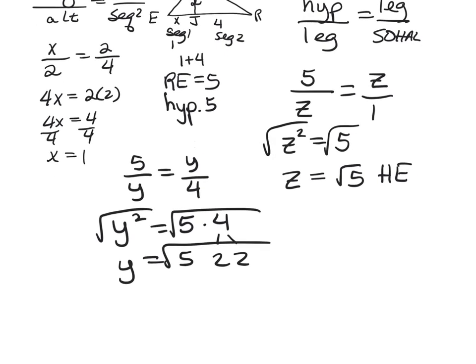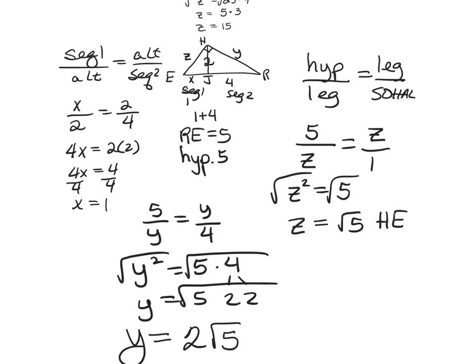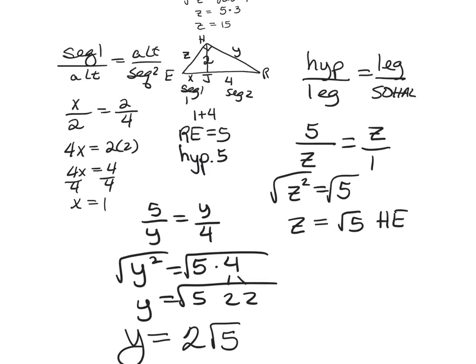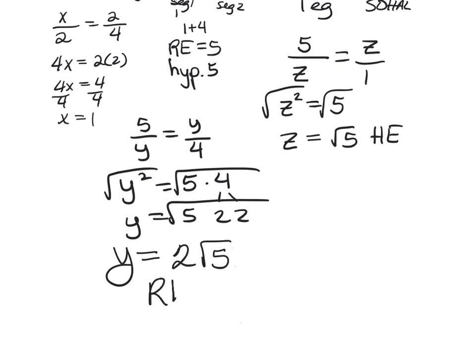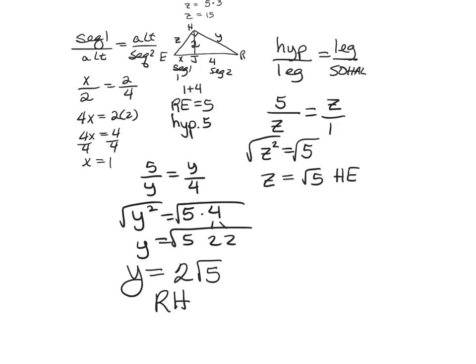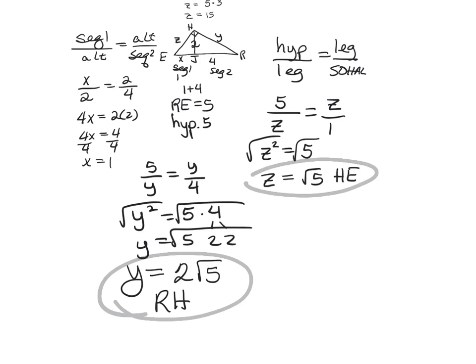And then you have a pair of 2's. So the square root of 20 is 2 radical 5, which is also the length of HR, or RH. This is RH. So the pieces they asked you to find were RH, HE, RE, and then we also found this was EJ, or segment 1.